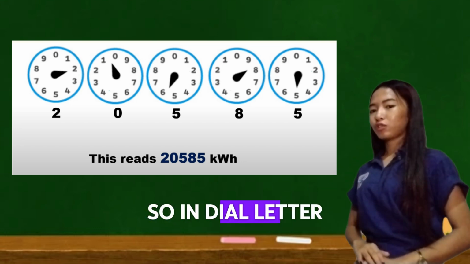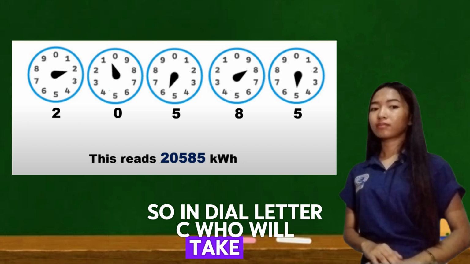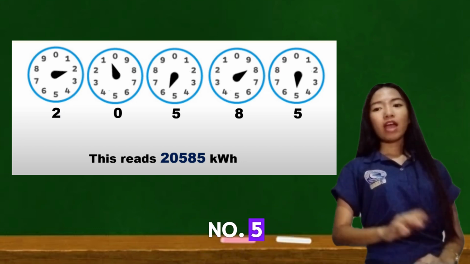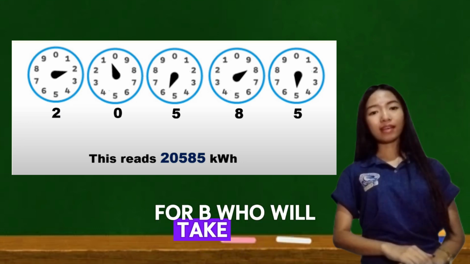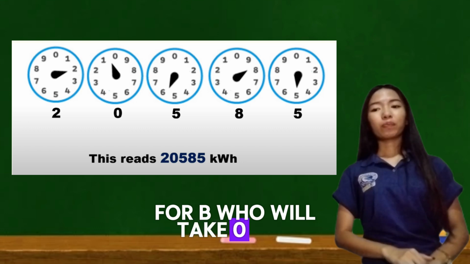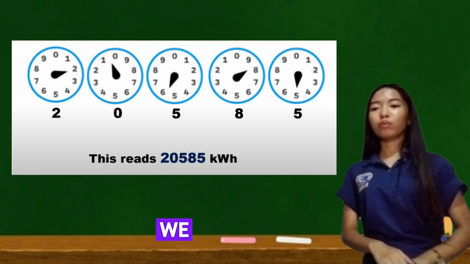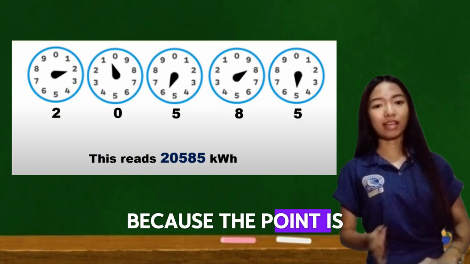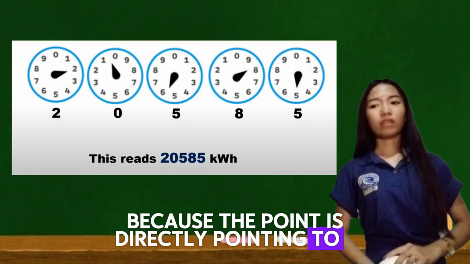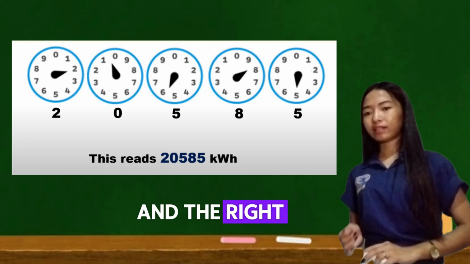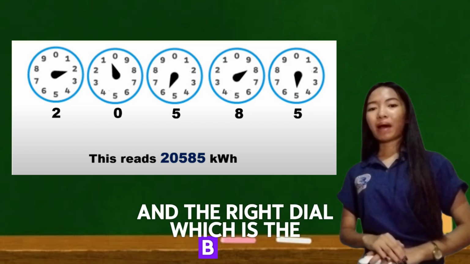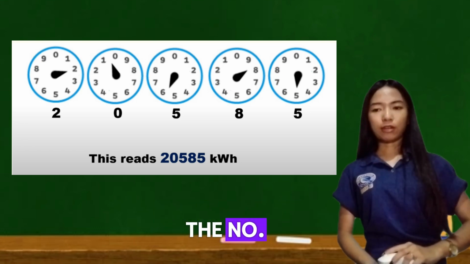So, in dial letter C, we will take, yes, number 5. For B, we will take 0. And for A, we will take 2 because the pointer is directly pointing to 2. And the right dial, which is the B, passed the number 0.